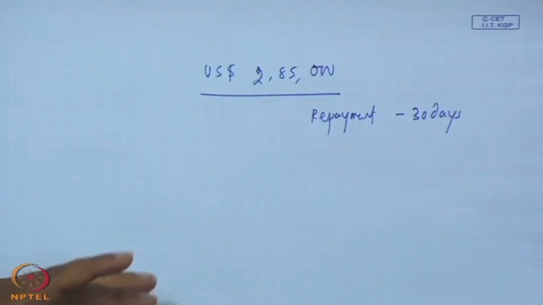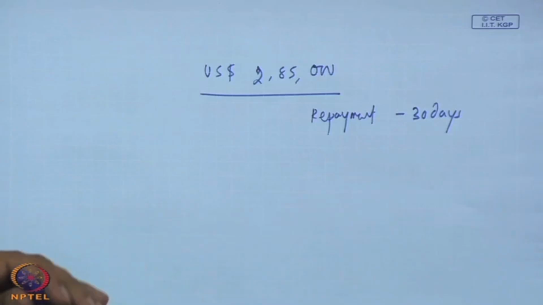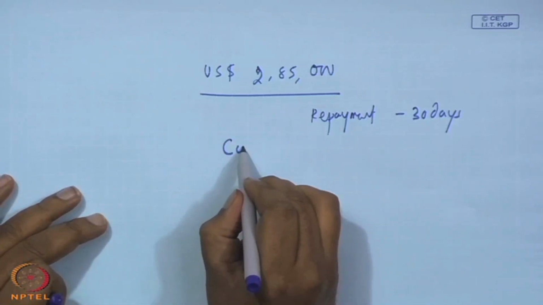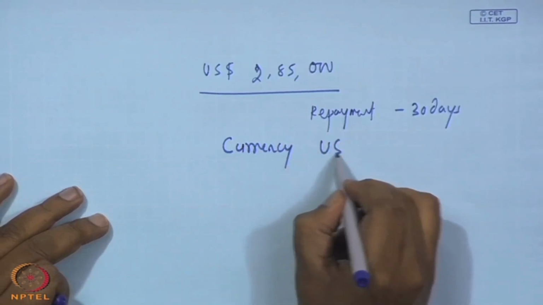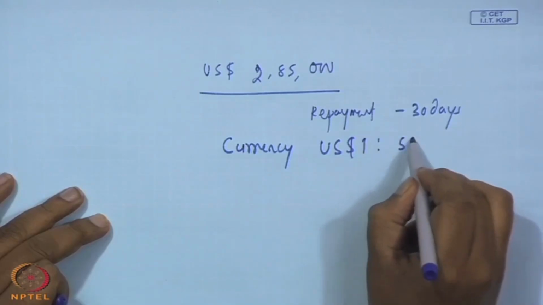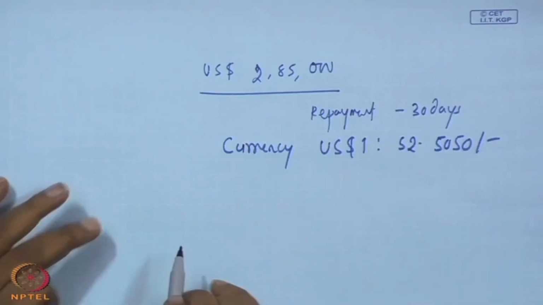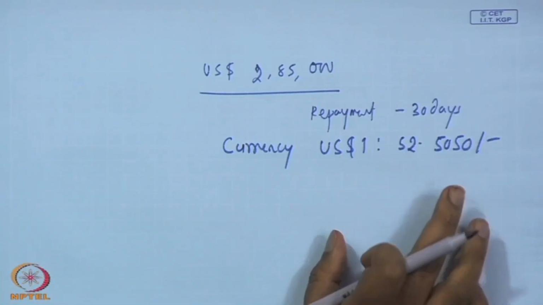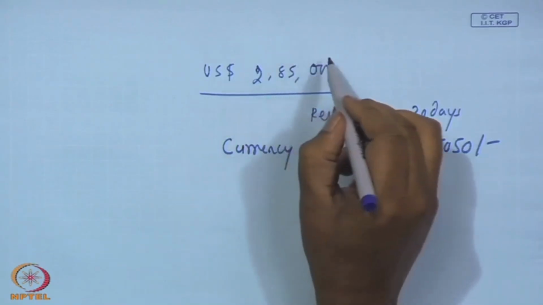When they actually export, at that time in the Indian currency market the US dollar was quoted at 52.5050, and after 30 days the exporter will get 2,85,000.